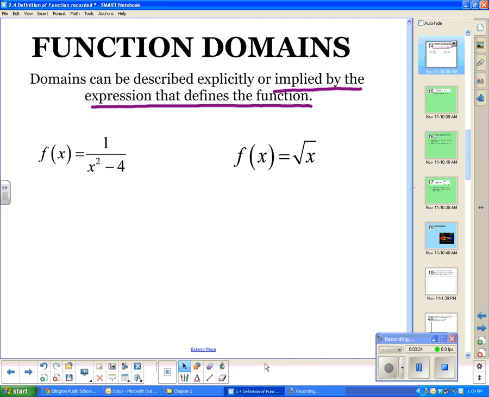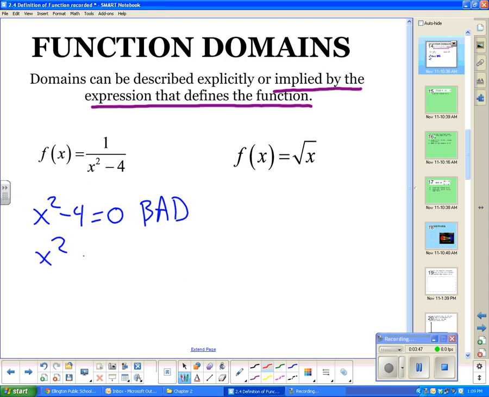So if I take f of x equals 1 divided by x squared minus 4, I have to think to myself, well, I don't have any radicals, but I do have a denominator. And if indeed the x squared minus 4 was equal to 0, that would be bad for us because we'd have an undefined value. So that means we don't want x squared minus 4 to be 0.